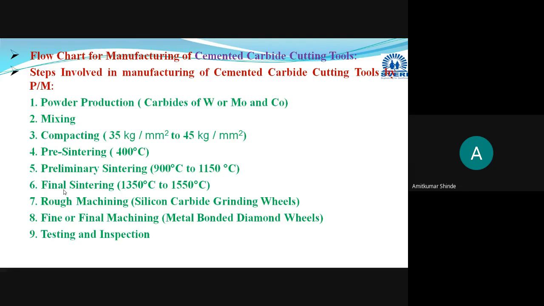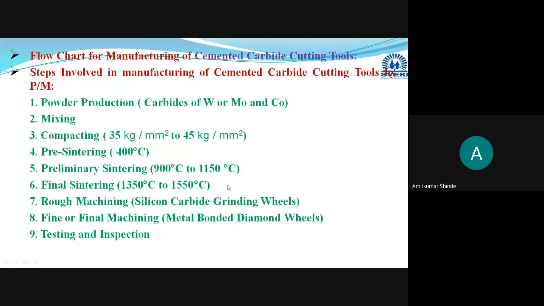The preliminary sintering you have to perform in the 900 degrees Celsius to 1150 degrees Celsius range, approximately from half hour to 2 hours. And after this preliminary sintering, you have to subject that component to the final sintering in the temperature range 1350 degrees Celsius to 1550 degrees Celsius.